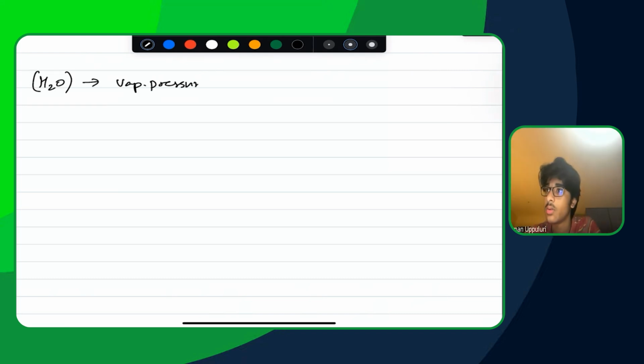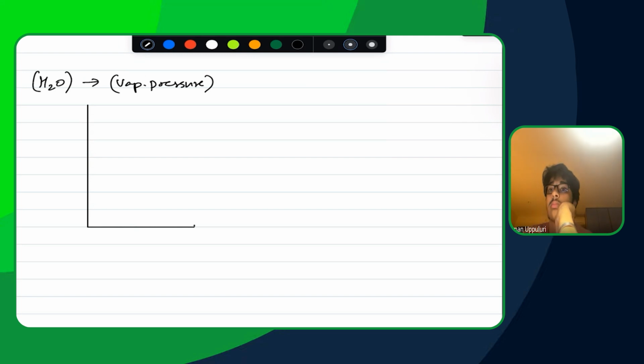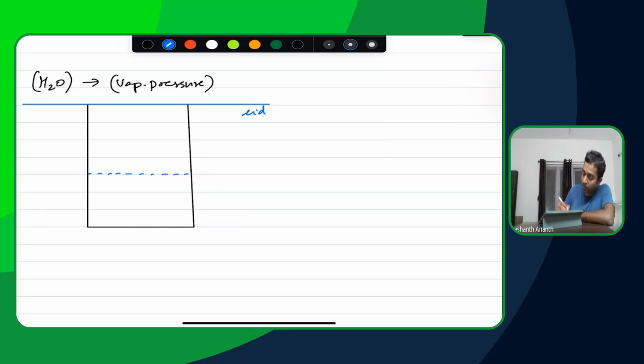Vapor pressure is basically this: if I have some liquid, like water, present in a container and I put a lid on top of it, then under normal circumstances, water molecules present on the surface will escape into the vapor phase.